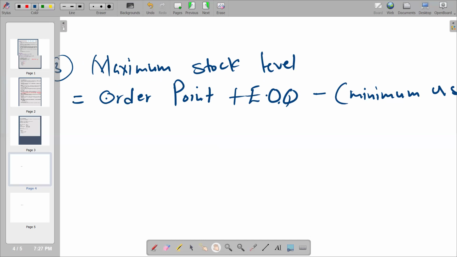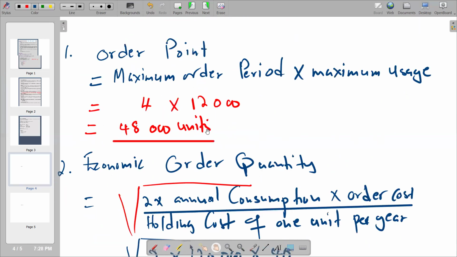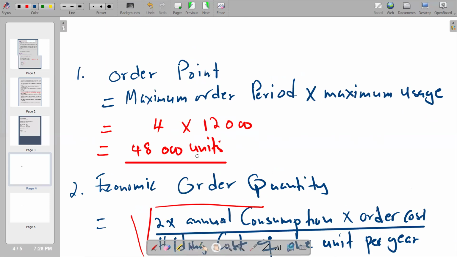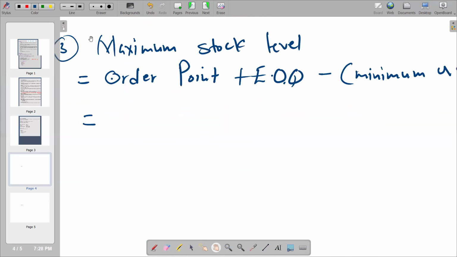So we start with the order point, which we did calculate. If you can refer back, what we got was an order point of 48,000. So we are going to use our 48,000.